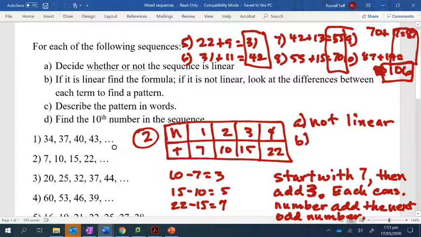Now, in this case, they're all the 10th number in the sequence. But in some cases, they may give you a value, and you need to write them up to a certain value. Does everybody have this one written down?